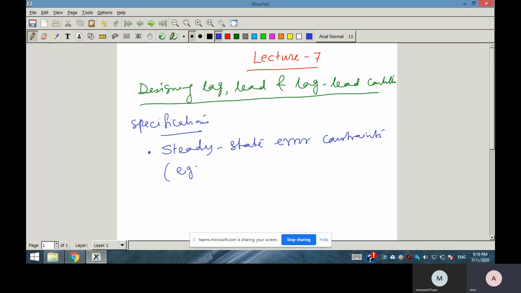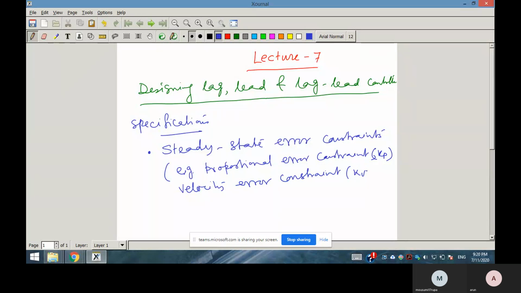As you know, these are, for example, the proportional error constant, Kp, then the velocity error constant, Kv. Similarly, the parabolic constant, all these things are there. So Kp and Kv we will be able to meet.